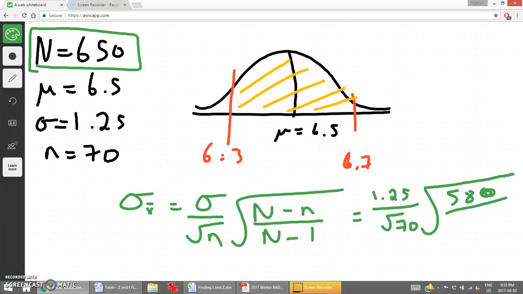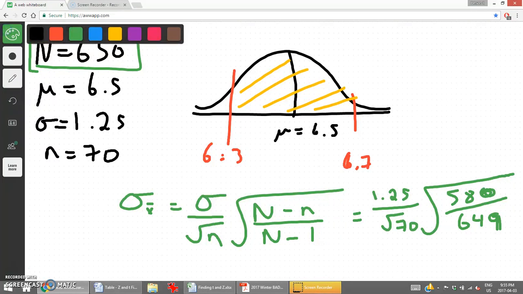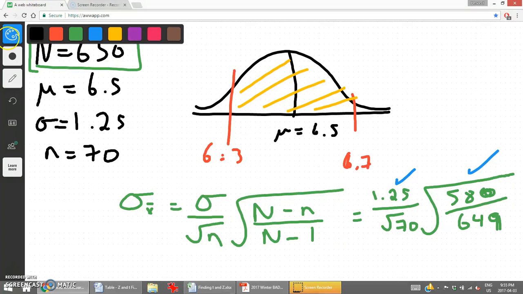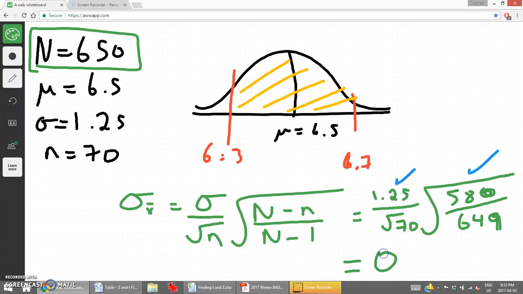And then we're going to get a value for N minus 1 to be 649. What I would do applying this in your calculator is to do both parts separately. Just do this part, write down the answer, then do that part. A common error is to not take the square root of everything underneath that. So when we apply that formula, we get a standard error of 0.141.